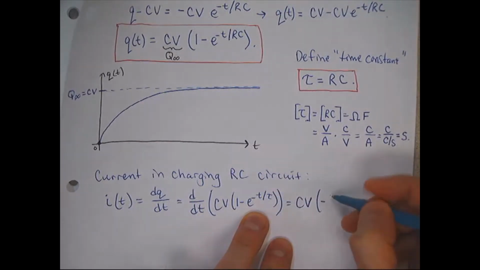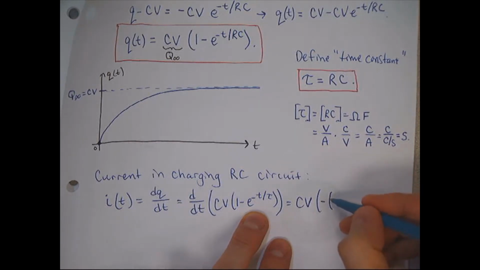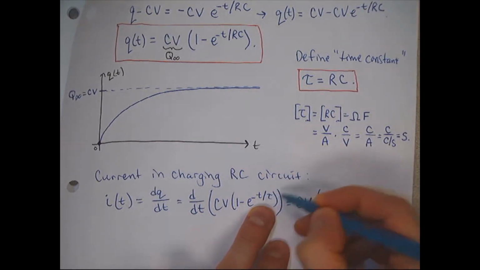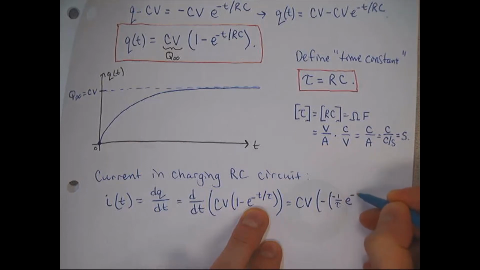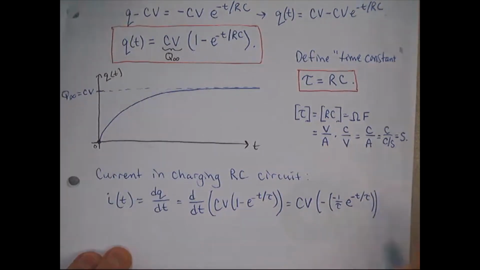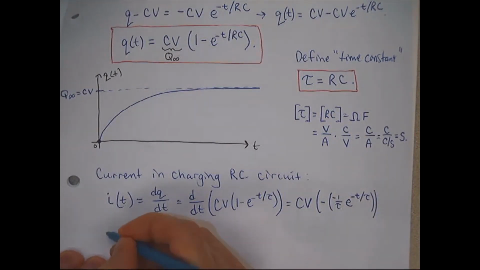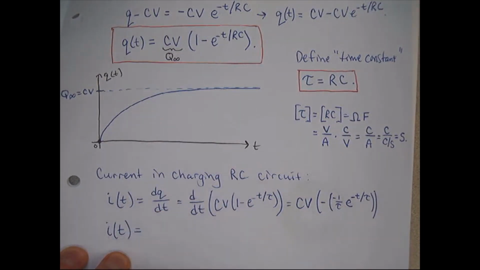So you'll recall the derivative of the exponential, you multiply out front by the derivative of the argument, that's minus 1 over tau, and then you keep the exponential function intact. You see that there will be some cancellation here of minus signs.